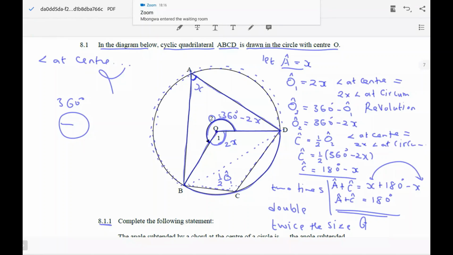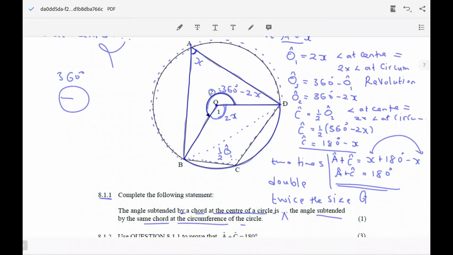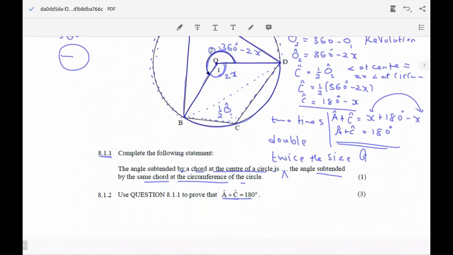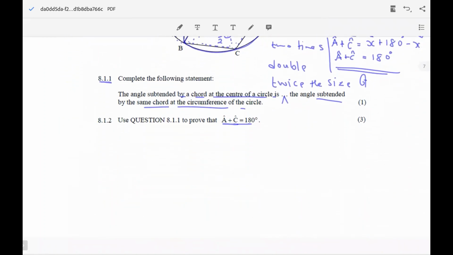And then we apply the angle at the center theorem for the second time to give us angle C in terms of x. Then we add our angle A, which is x, plus angle C, which is 180 minus x, and it equates to 180 degrees.